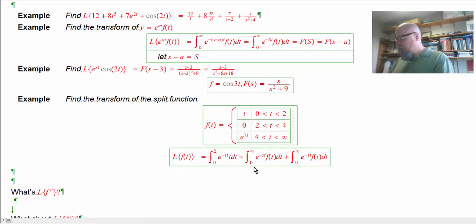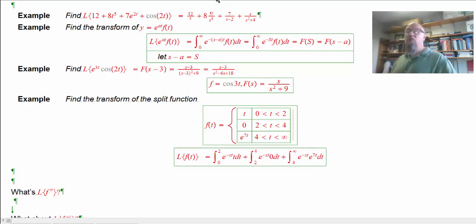From 2 to 4, the function is 0. From 4 to infinity, the function is e to the 7t. So if I'm transforming a split function, I can't rely on the chart rules. I have to go back to first principles and do these three integrations.